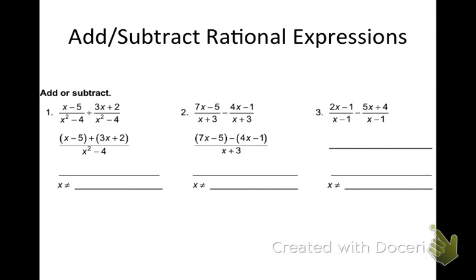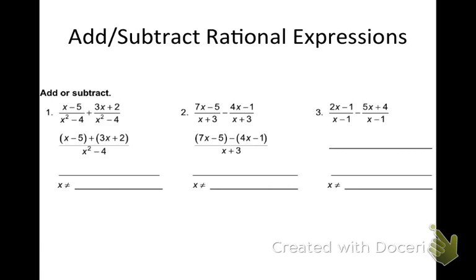So let's look at number 1 here. I have x minus 5 over x squared minus 4 plus 3x plus 2 over x squared minus 4. Okay. So we're going to add or subtract here. Notice my denominators are the same.